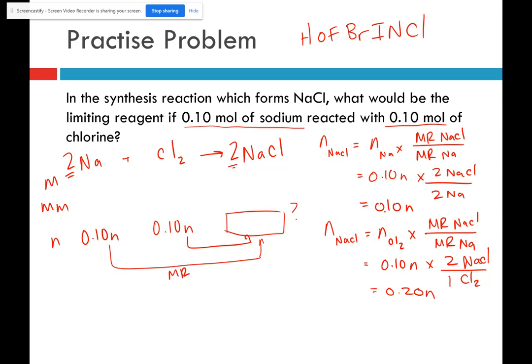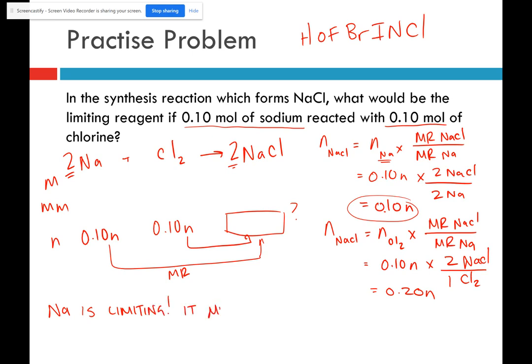Now, what that's saying is if I use up all of my sodium, I can make 0.1 moles of sodium chloride. And if I use up all of my chlorine, I can make 0.2 moles. So this makes less. So that means sodium is limiting.